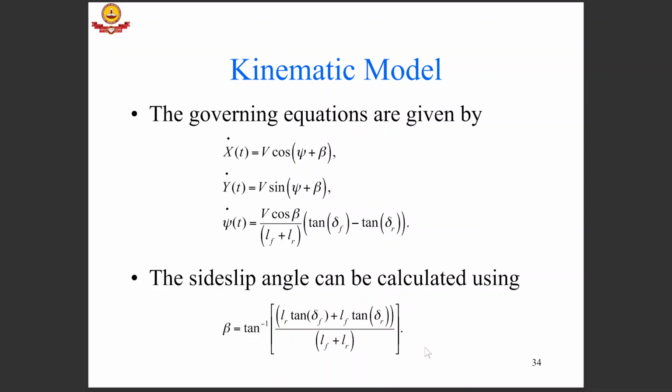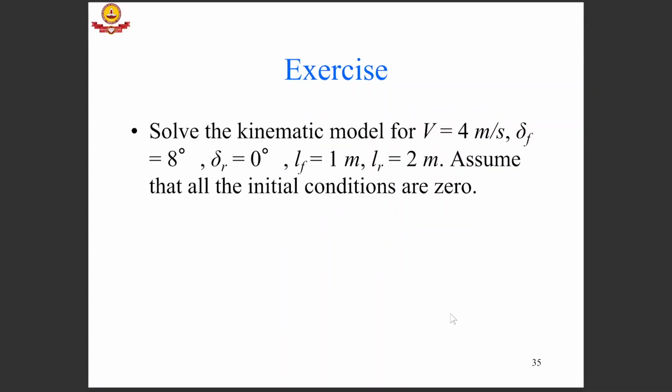We just discussed how exactly this kinematic model is calculated. Then how can we calculate this side slip beta also?